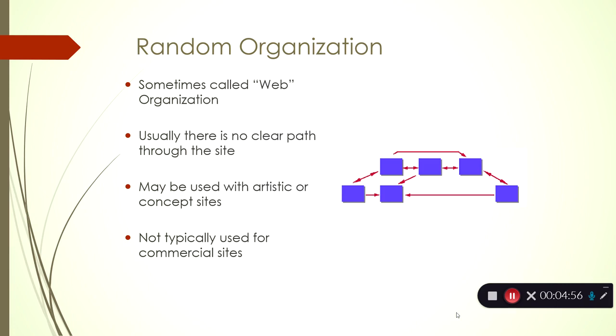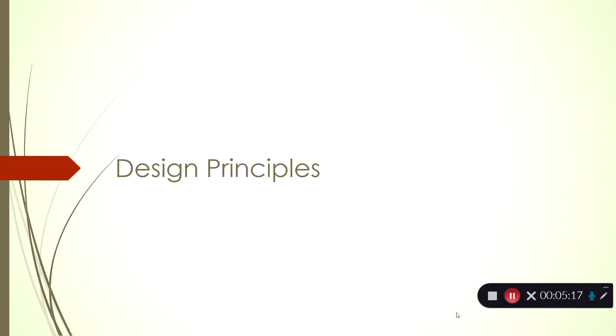Mostly it is a very rarely used organization. Commercial websites will never follow this kind of organization. Artistic websites may follow it for artistic reasons, but it is really confusing and less used.